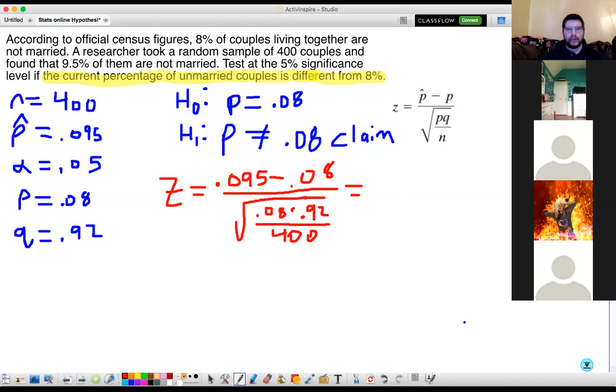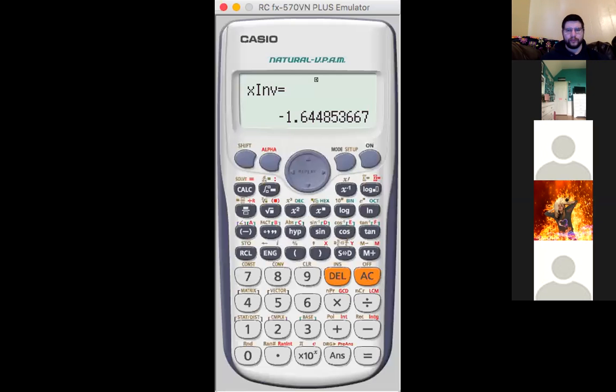Type it in the calculator and see what we come up with. All right, mode 1, a fraction, 0.095 minus 0.08 over the square root of a fraction, 0.08 times 0.92 over 400, and 1.1.